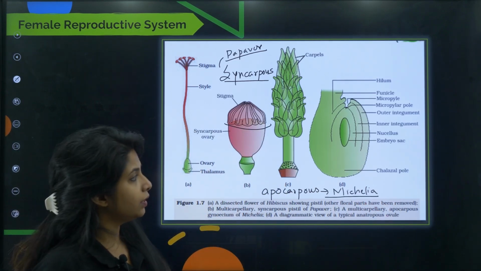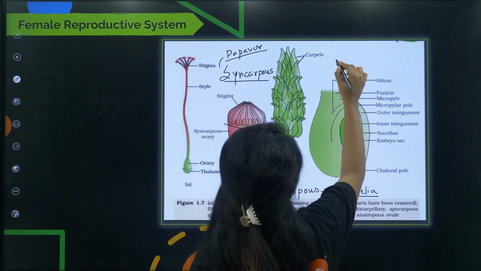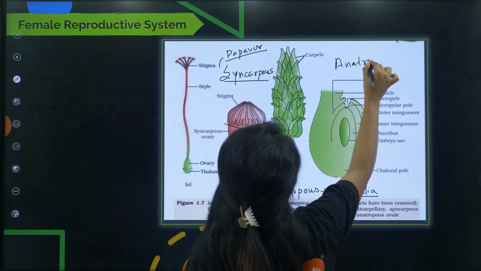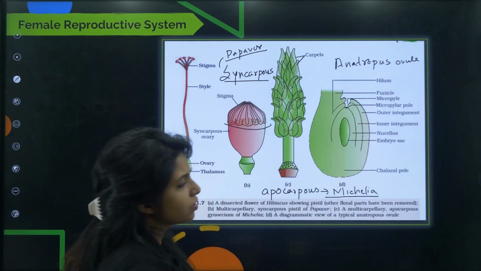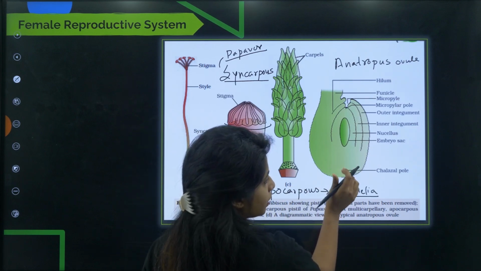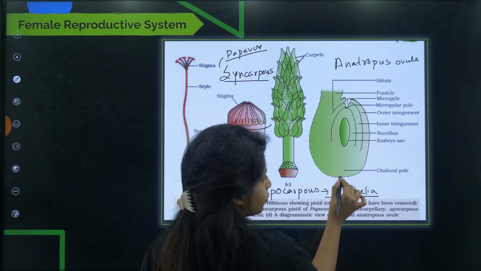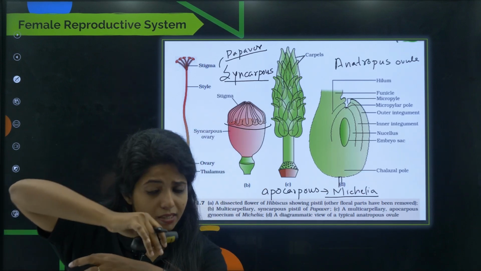Now, there is a type of ovule given over here. You call it anatropous ovule. And over here there is a slight change. In the picture that we just studied, the chalazal end was here, and here only you had the hilum, the funicle and everything. But this is a slight change. The ovule has turned like this.